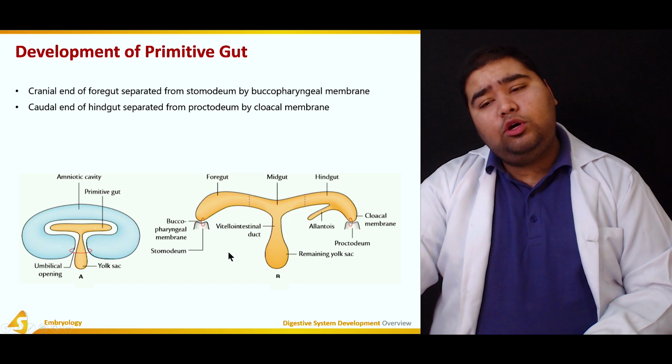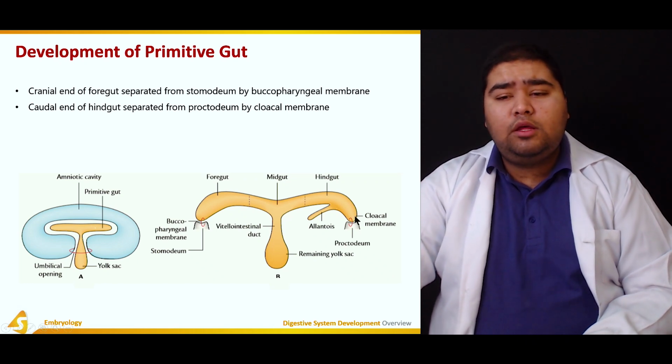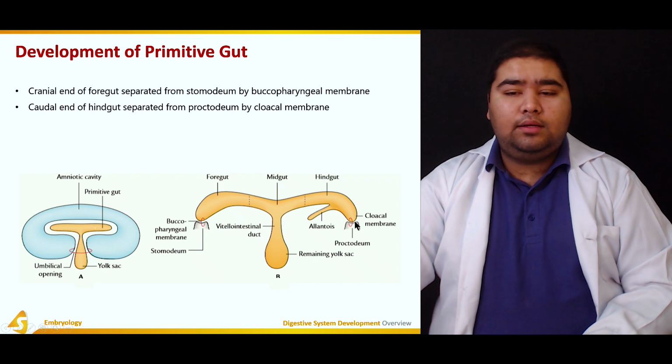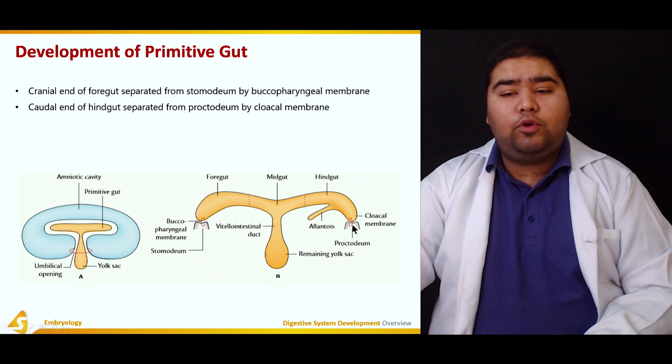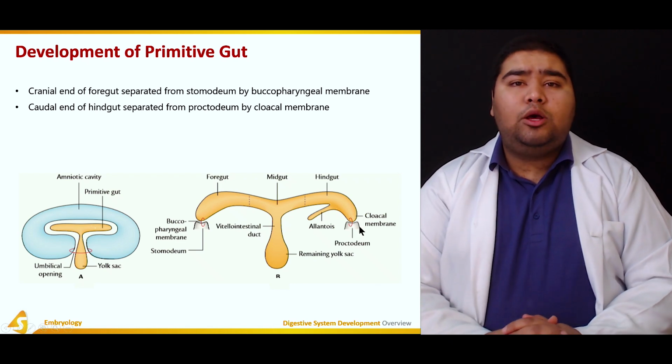Now, the caudal end of the hindgut is separated from the proctodeum. This is the proctodeum in gray, separated by the cloacal membrane. This here is the cloacal membrane that is separating the proctodeum from the caudal end of the hindgut.